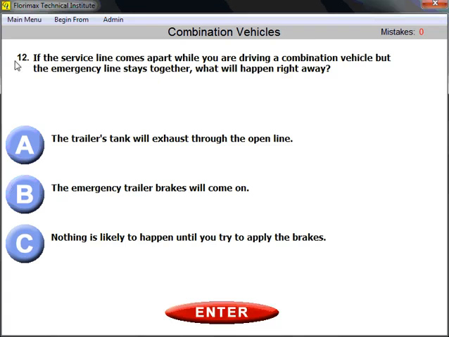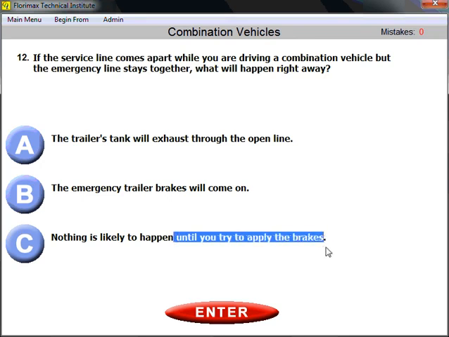Question number 12. If the service line comes apart, again the same question. Don't be surprised. Sometimes you'll encounter that kind of repetition of questions. You might be given different choices, but still the right answer is only one. If the service line comes apart and the emergency line stays together, nothing is likely to happen until you try to apply the brakes.